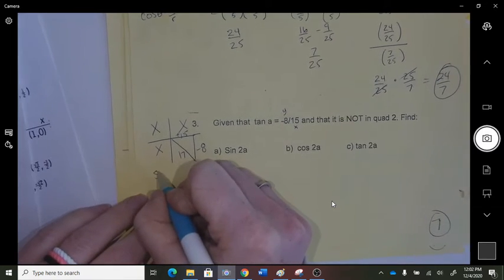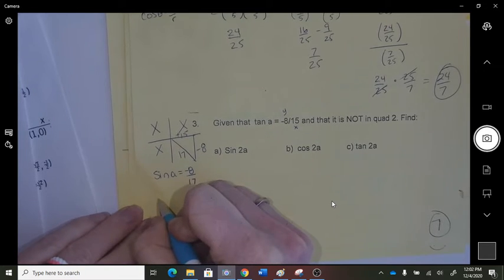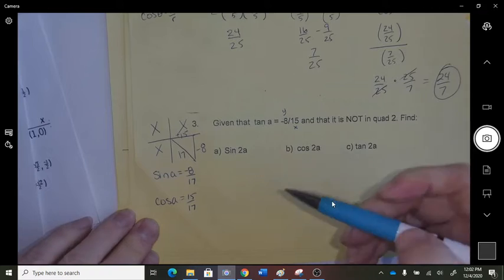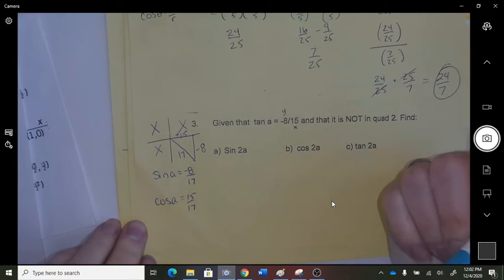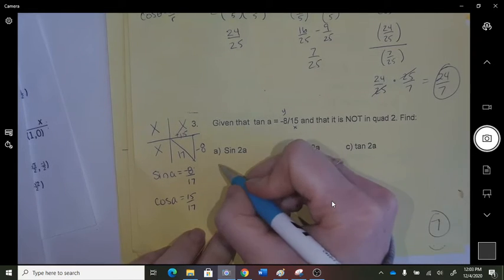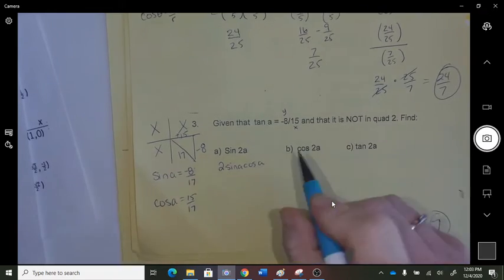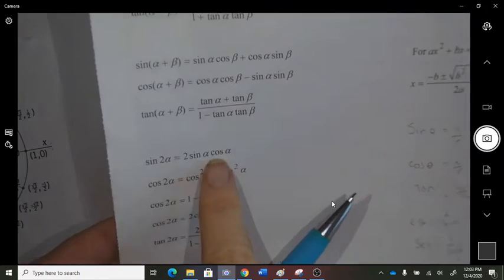So let's just write some things on the side here. The sine would be -8 over 17, and the cos would be 15 over 17. Y over r, x over r. Okay, so sine 2a, you're going to have to do 2 sine a cos a, because I'm using this formula.